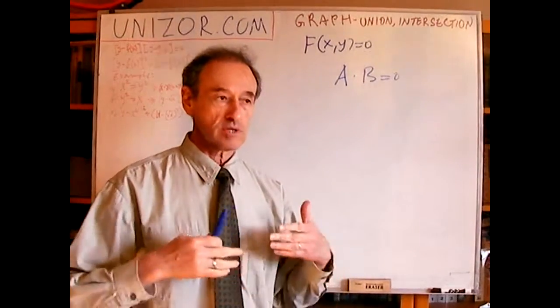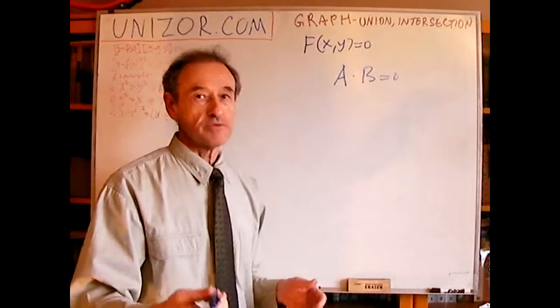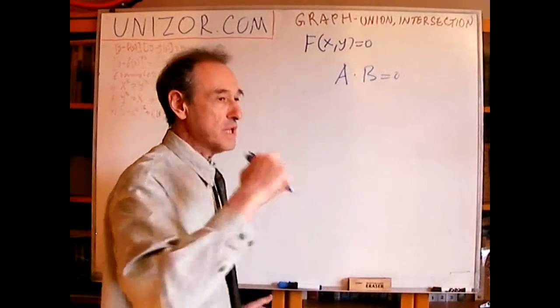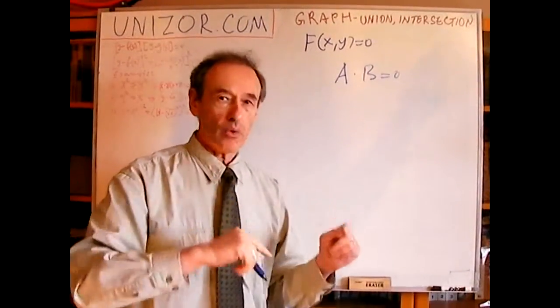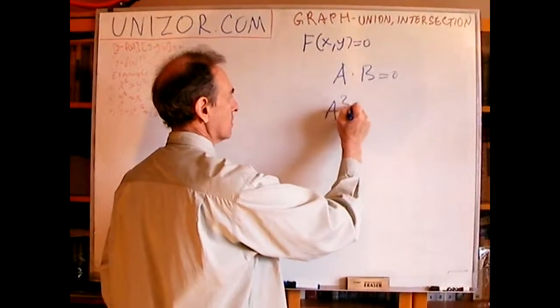And that's the source of unionization. The formula which will give you, one of the formulas, actually there are many others, when we require that both A and B are equal to 0, can be something like this.